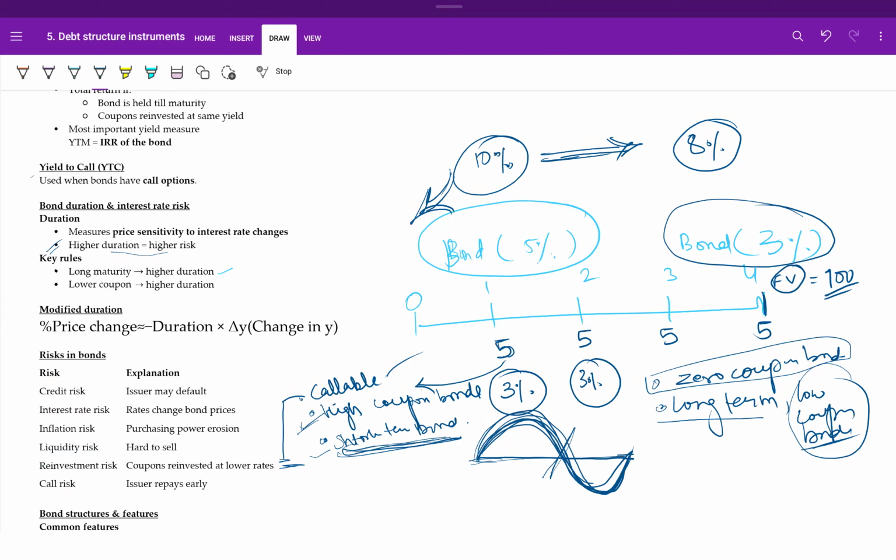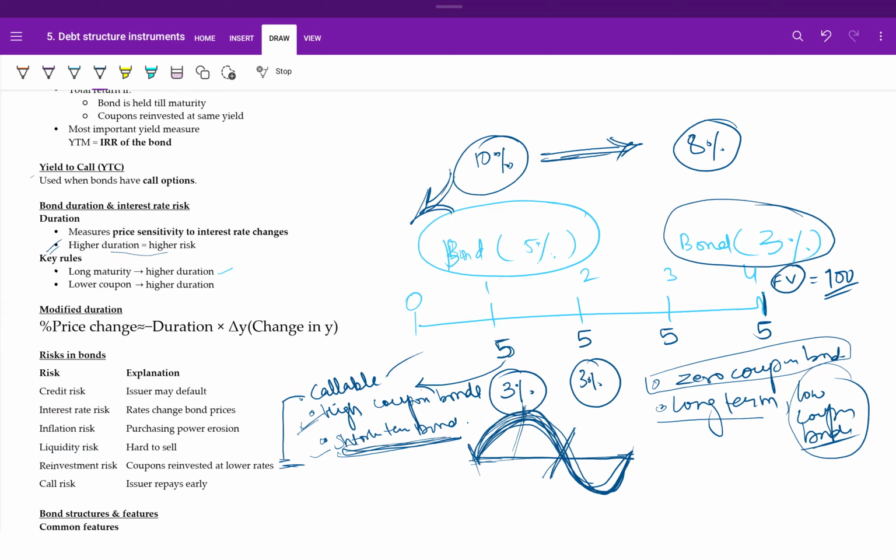But your bond matured right before, when the market was at its peak. Now the government is going to slash down the interest rates so that the market gets saturated. So at that time, there is going to be a considerable reinvestment risk.